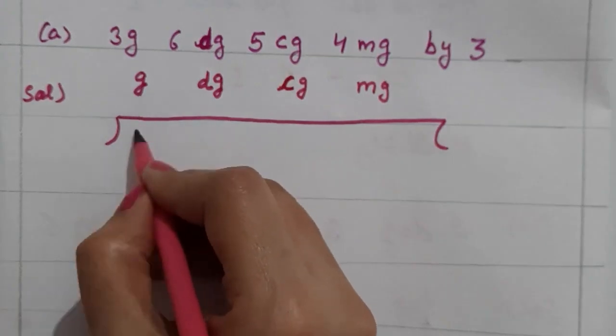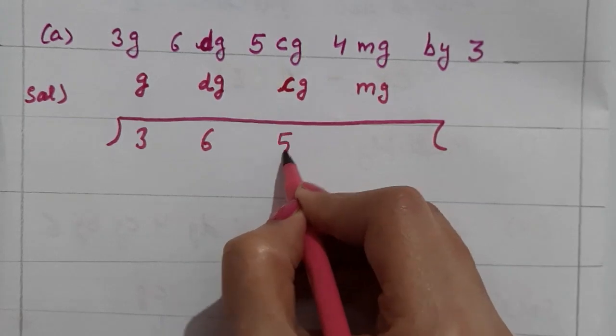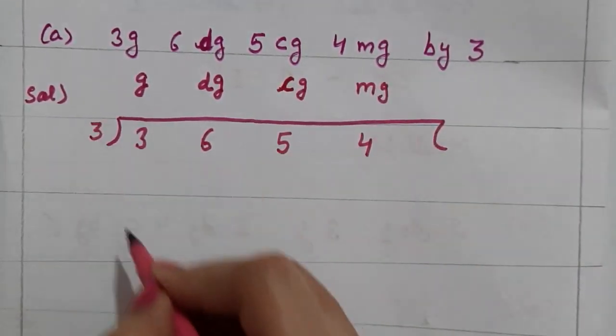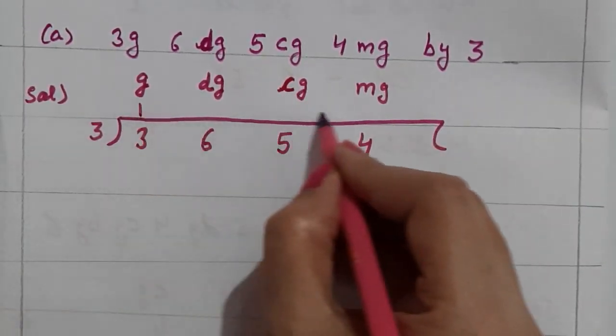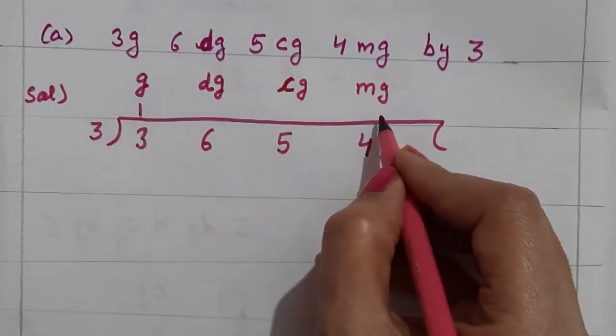Now gram 3, decigram 6, centigram 5 and milligram 4. Divide by 3. Now write down 3 ones are 3 right here only, so that you can come to know below which unit we are solving.